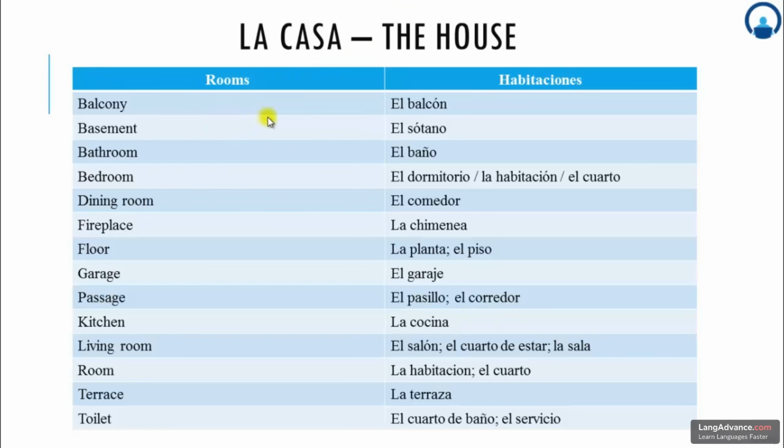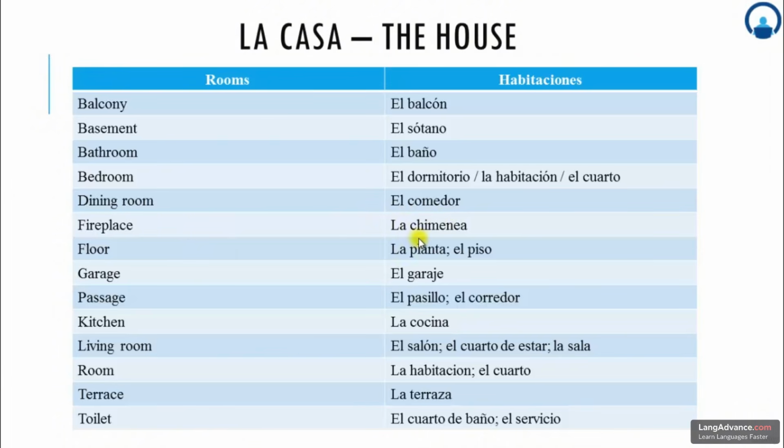Balcony is said as el balcón. Basement, el sótano. Bathroom, el baño. Bedroom, el dormitorio, la habitación, el cuarto. Any of these. Dining room, el comedor.